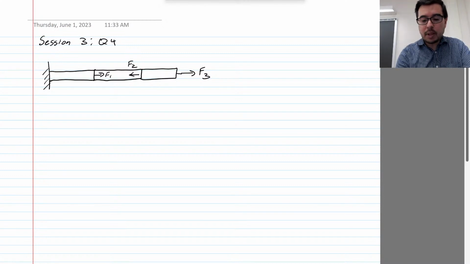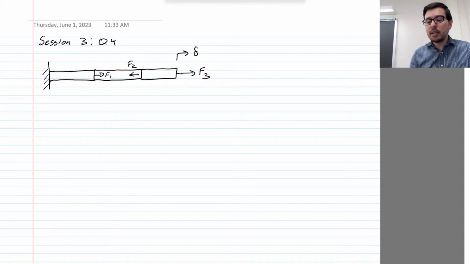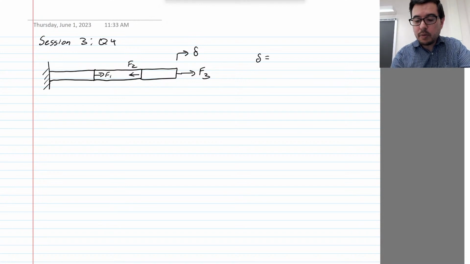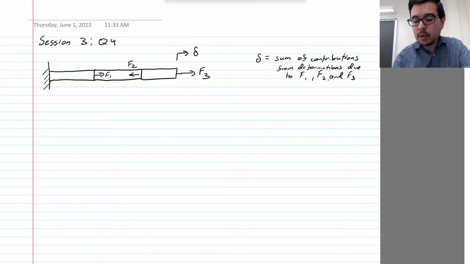In this case, we're interested in, let's say, this delta at the end. Delta can be thought of as a sum of contributions from deformations due to F1, F2, and F3.